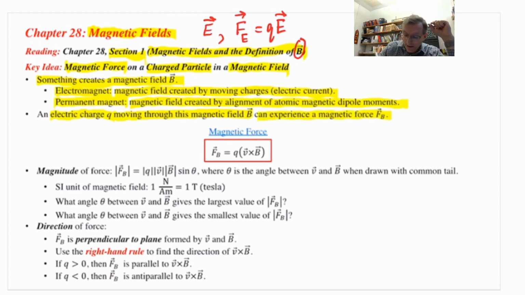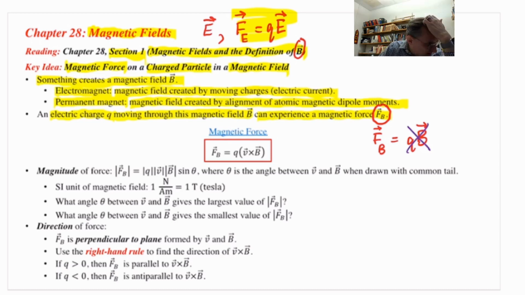Notice how we're going to denote that magnetic force: F sub B. Now, if electric and magnetic fields are related, and the formula for an electric force is Q times E, it would be perfectly reasonable to think that the formula for this new kind of force, magnetic force F sub B, would be the electric charge times the magnetic field B. But that turns out not to be correct. There's a different formula.